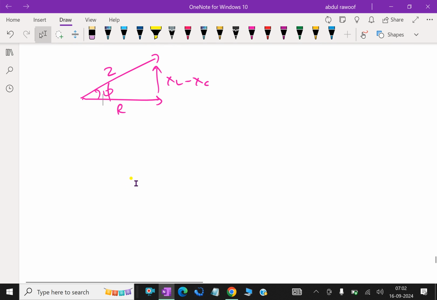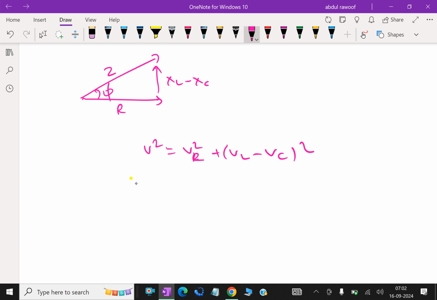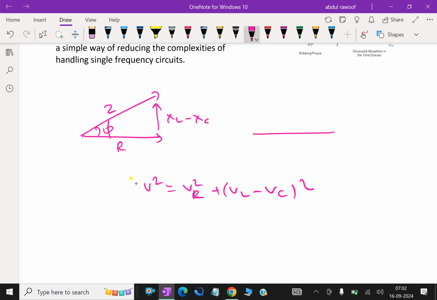Similarly, we can say V square equal VR square plus (VL minus VC) square. That is this triangle. Look at here. This is VR. This is V, and this is VL minus VC.